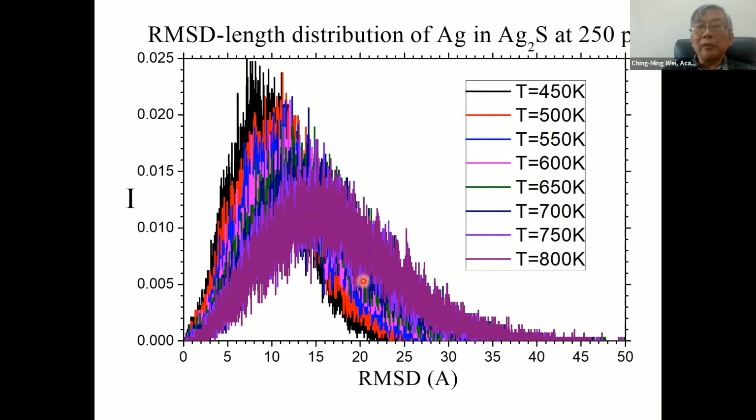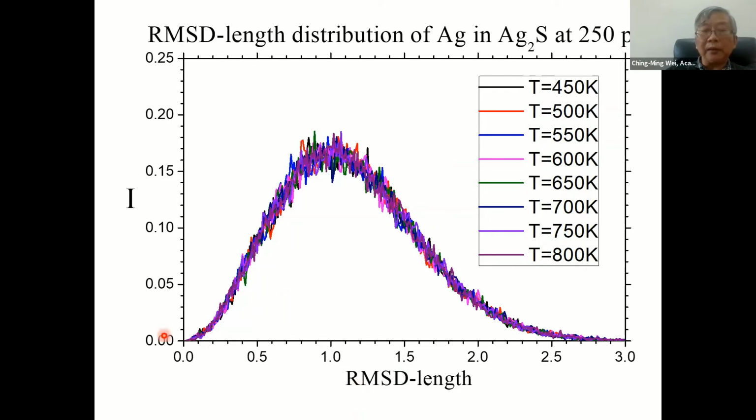You can see that they are not merged with each other, and you really cannot dig out much information there. So we think that for this system, at a particular temperature and particular diffusion time, the characteristic length is the so-called root mean square displacement. So we normalize to this root mean square displacement, and then you will find that all the curves merge together.